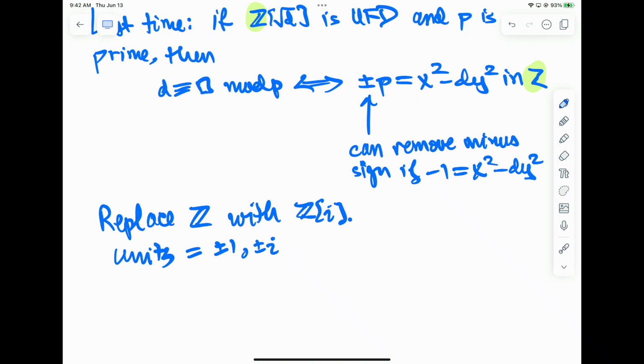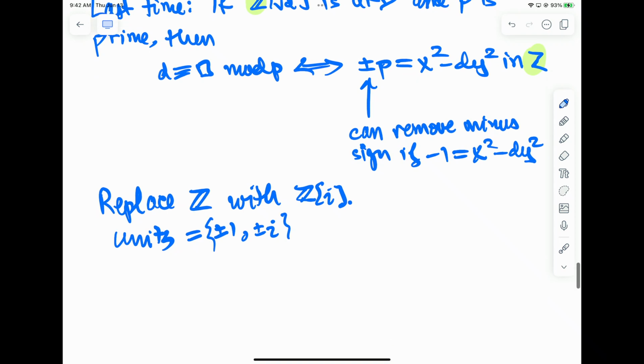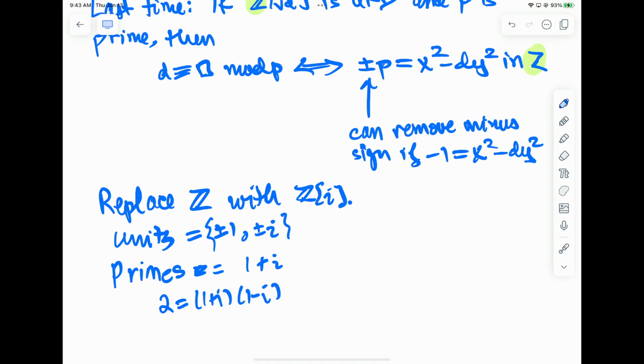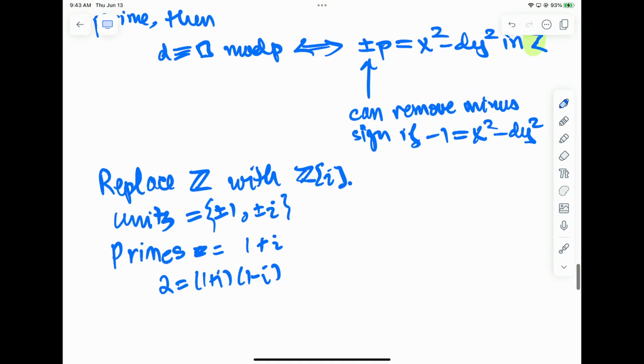All right, so replace Z with Z[i]. So the units now are plus or minus 1 or plus or minus i. What are the primes? So primes in Z[i]. 1 + i is the only prime factor of 2, right? 2 is (1 + i)(1 − i), which looks like there are two prime factors of 2, but 1 − i is a unit, −i, times 1 + i.